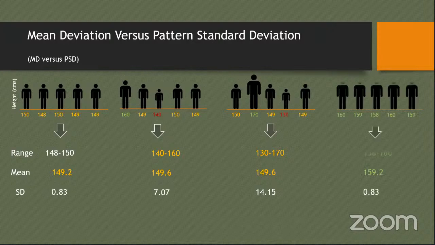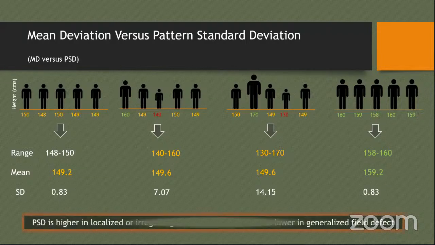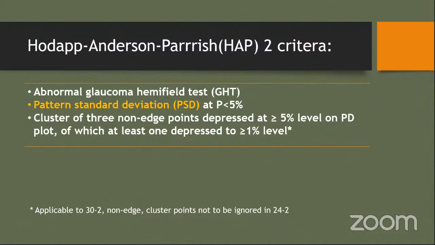But once the change becomes uniform, though now it's more severe, the range is again down, but the mean deviation has changed, so the standard deviation has fallen back again. So PSD is higher in the localized or irregular defect, but lower in the generalized field defect, though they may be slightly deeper than the previous ones.